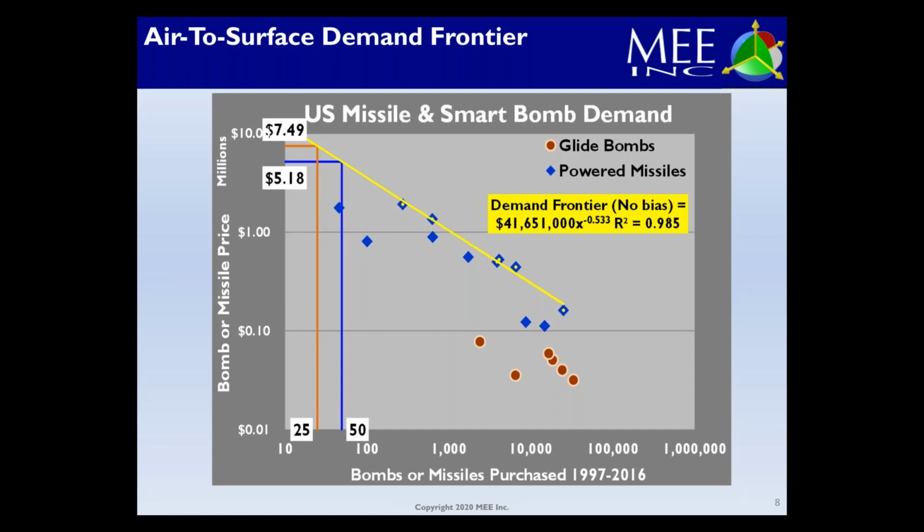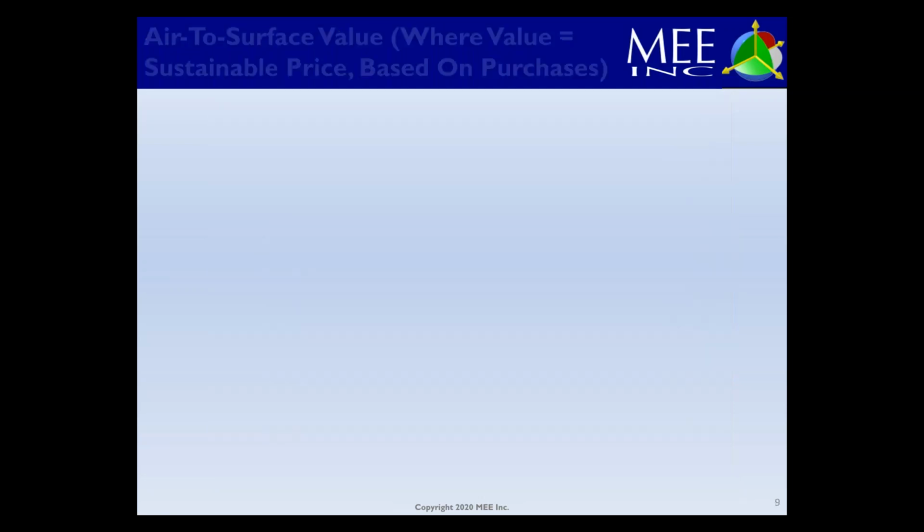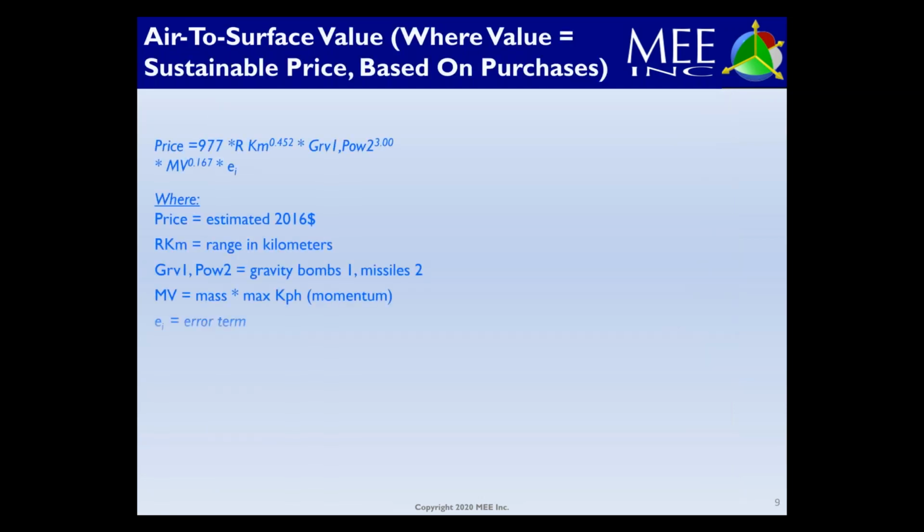So what can we do with that? What we might want to do is take a look at the value of these missiles. When we do that, we get an equation that describes the value in terms of this constant here, their range, and a step function that says they're either gravity driven or powered.